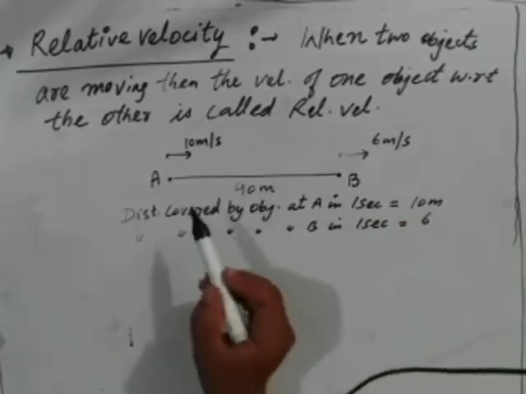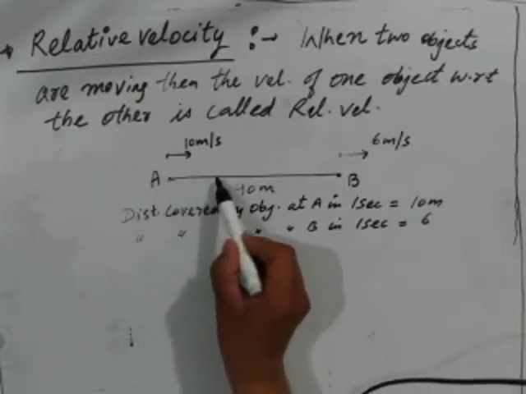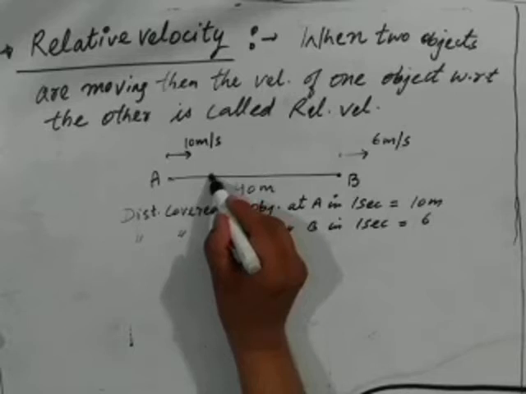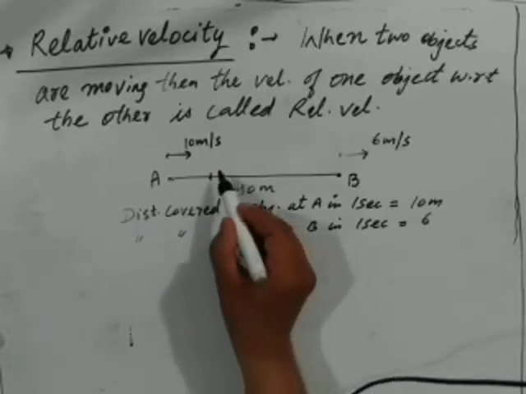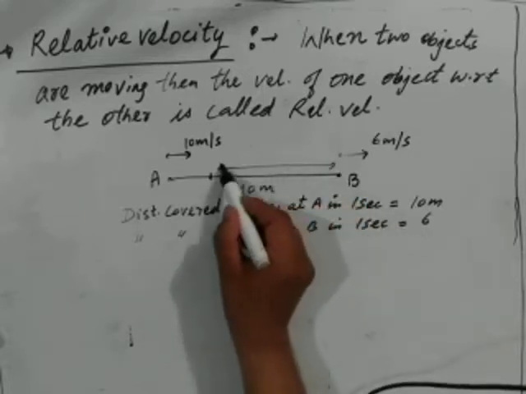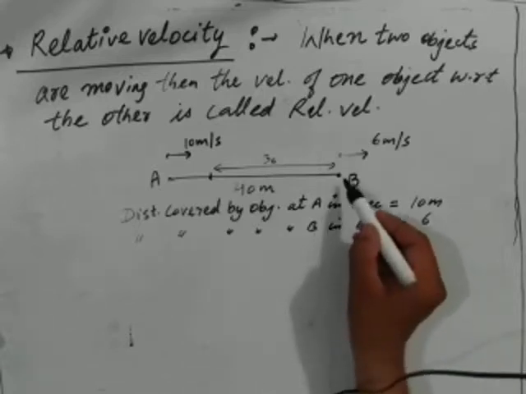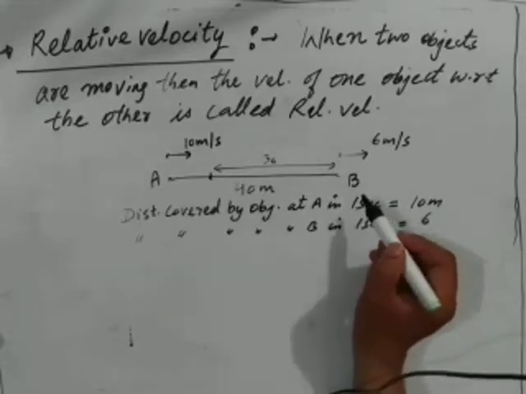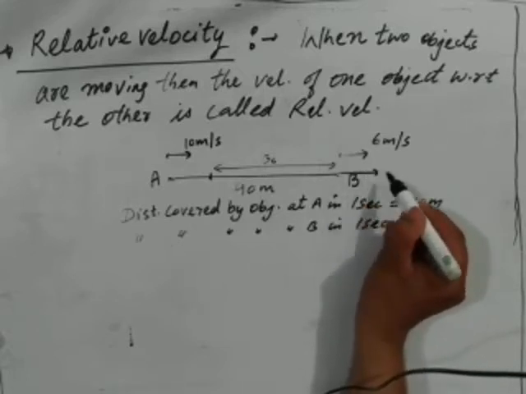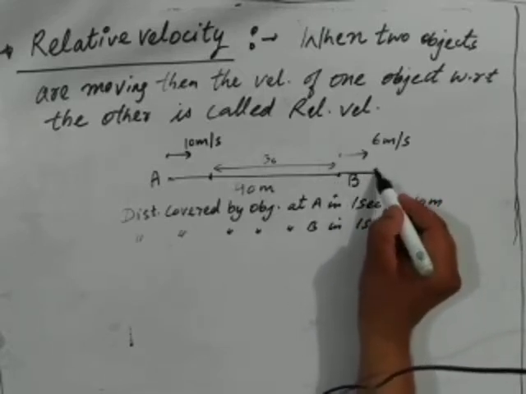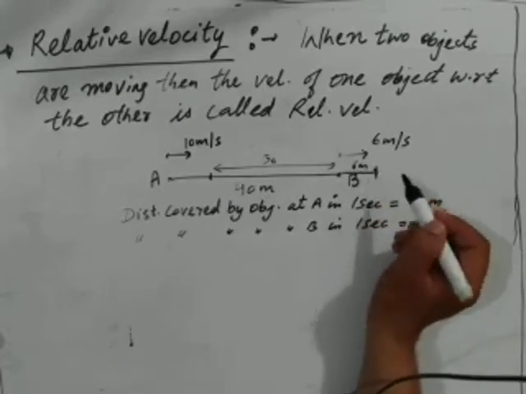Now the object standing here has covered 10 meters and reached this point. So the gap left between these 2 points is 30 meters, and the object lying at point B has traveled a distance of 6 meters. So it reaches this point and covers the gap of 6 meters.